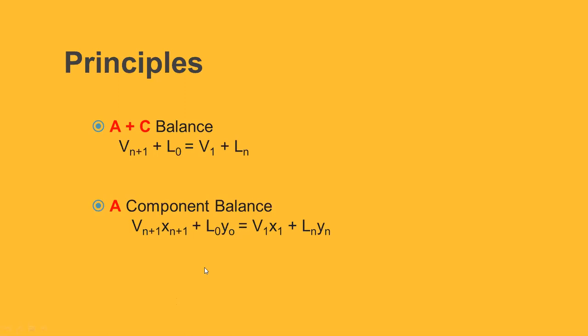But the principle that you'll be using is the same as if you're dealing with separate stages. It's just that you need to account the streams that enter and leave a particular stage. So you have here A and C balance still applying to our multi-stage leaching process, and then the A component balance in the same manner.